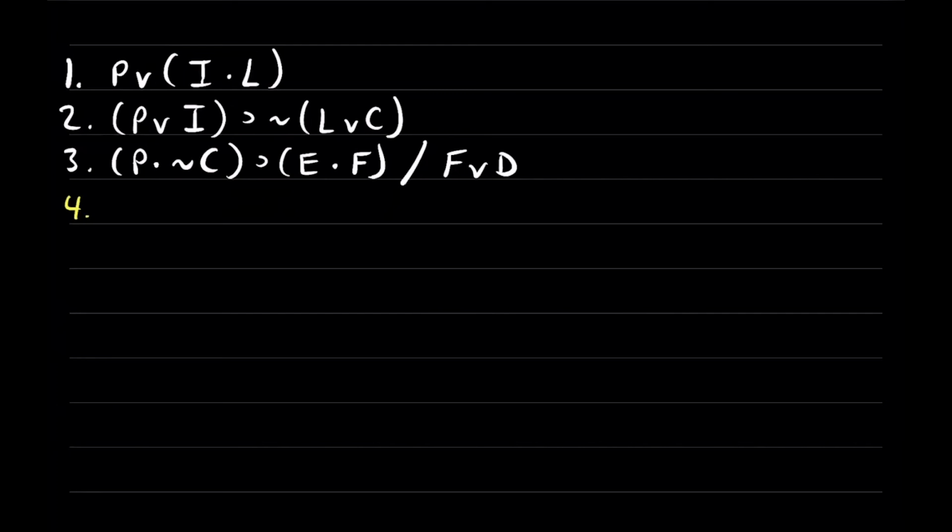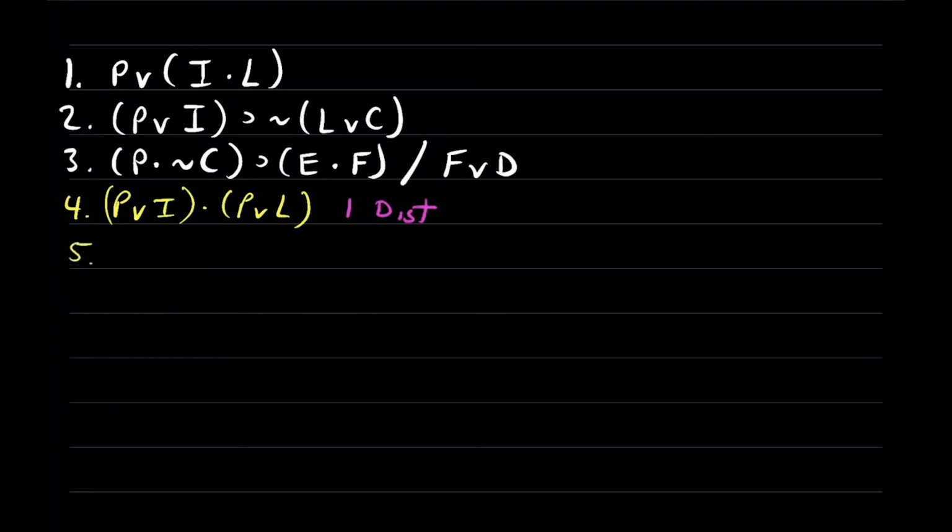We said that we can do distribution on line 1. So let's do that right now. P or I and P or L, line 1 by distribution. And we said we were doing that so we could get the antecedent of that conditional on line 2.